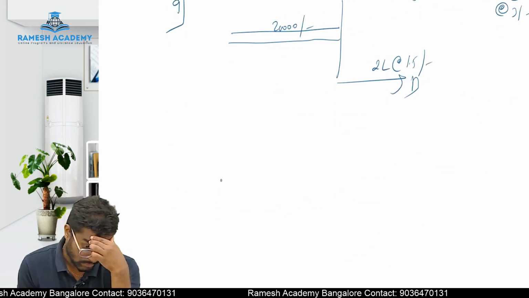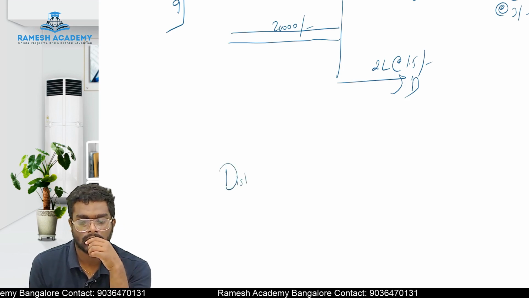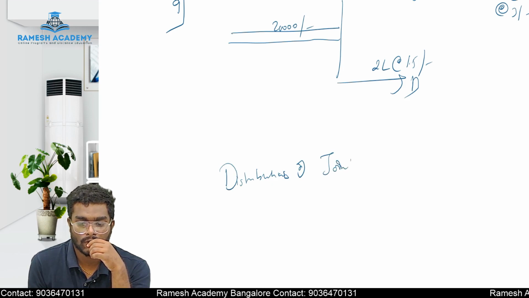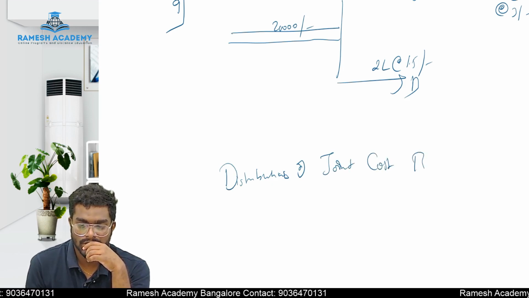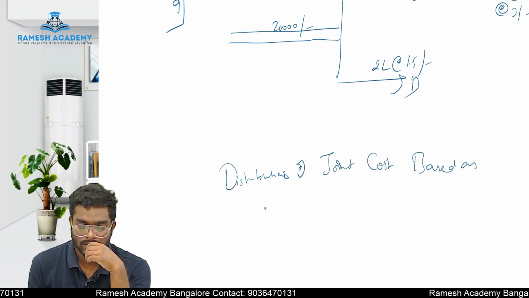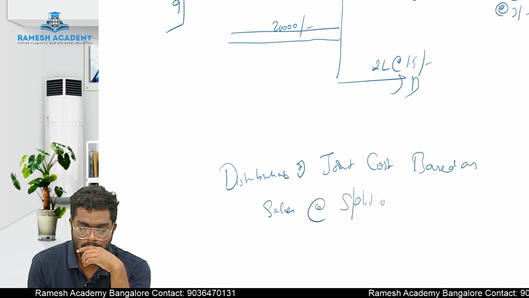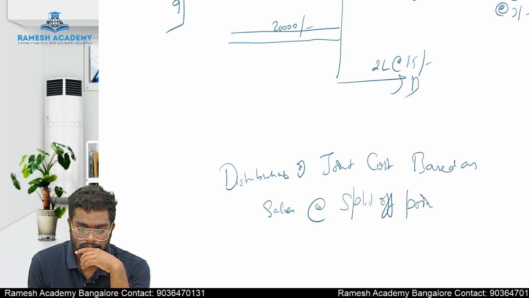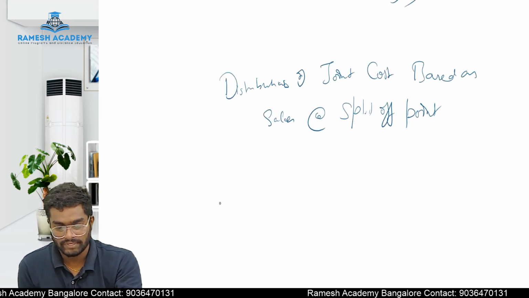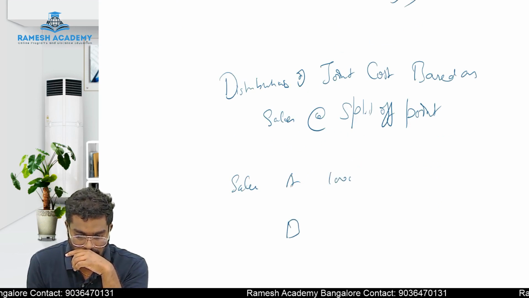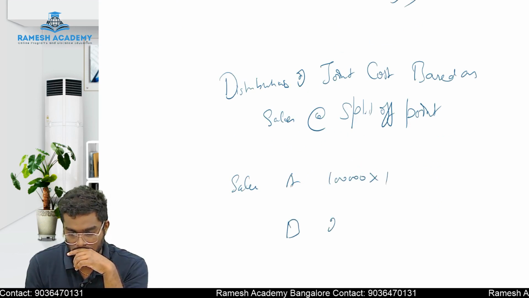So first we will do the distribution of joint cost based on sales at split off point. First we will find the sales of A and B. So 1 lakh into 1, and 2 lakh into 1.5.